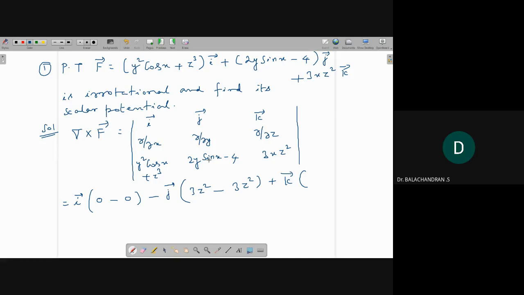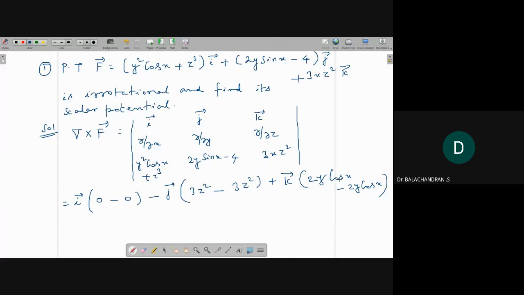Plus k vector into ∂/∂x of this quantity is 2y cos x, minus ∂/∂y of y² cos x + z³, with respect to y, yes, 2y cos x.